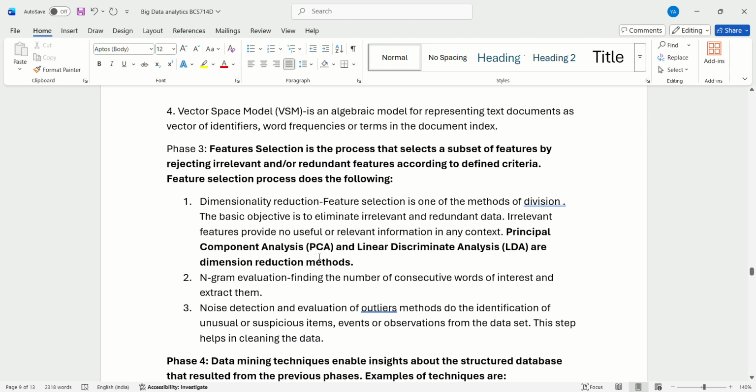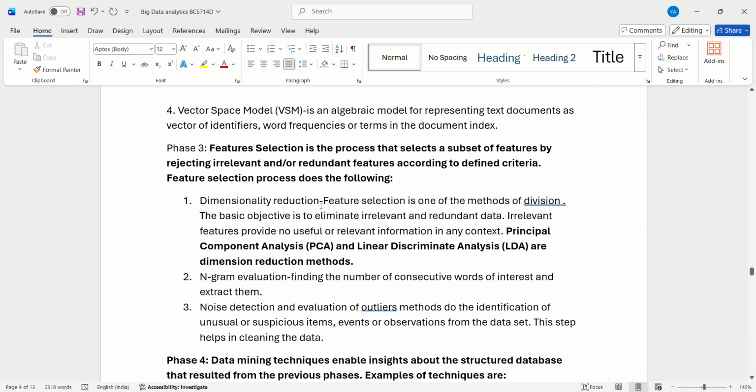So dimensionality reduction, that is feature selection, is one of the most used methods, and there are generally two: principal component analysis and linear discriminant analysis are the dimensionality reduction methods. N-gram evaluation is the next method.